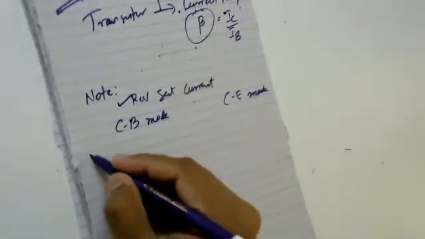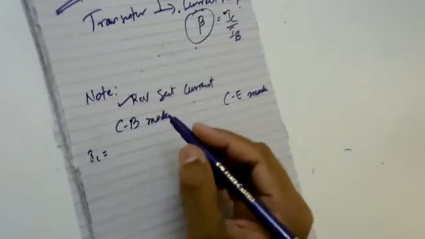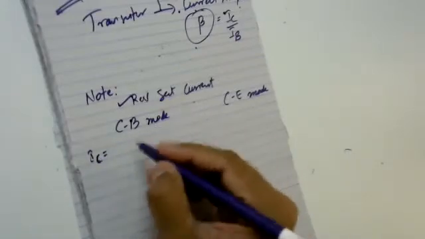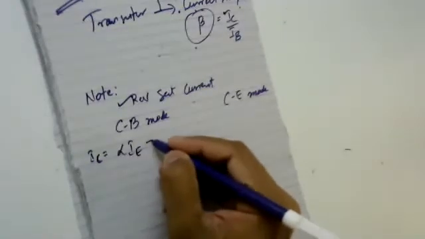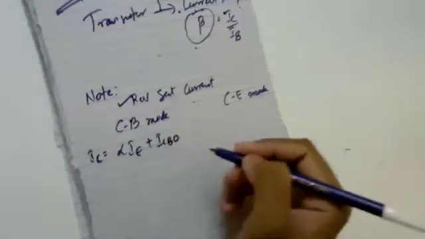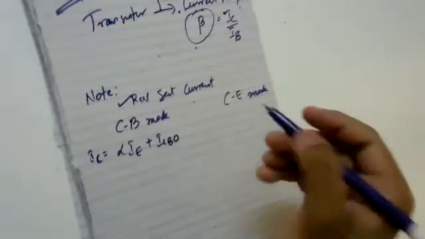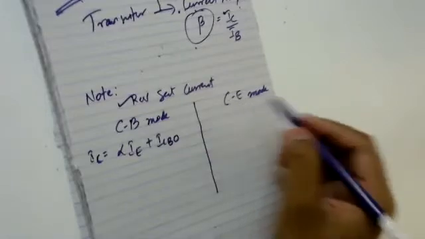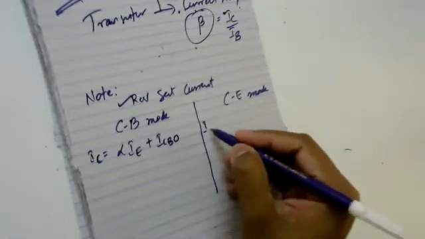I have the equation for IC over here, which states that IC is equal to alpha times IE plus ICBO. Am I right? Yes. Now I want to write the equation for CE mode.